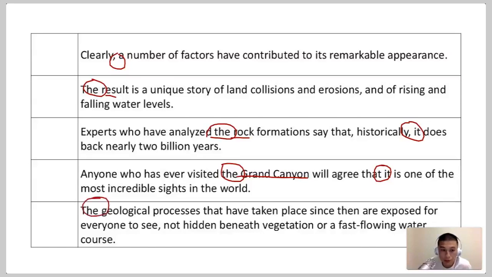You see the, okay, the, and then you have geological. Okay, so that will eliminate it for me. Right away, I will not pick that as first. I won't even read the rest of the sentence. Okay, so going through this, yes, I would say that as well. I would say that this one will be my number one.